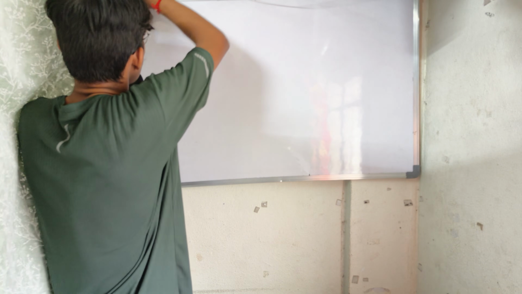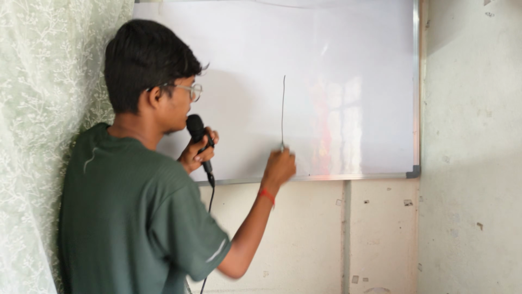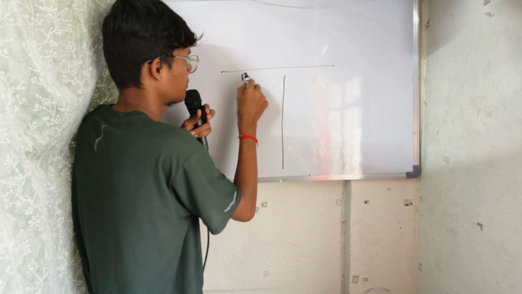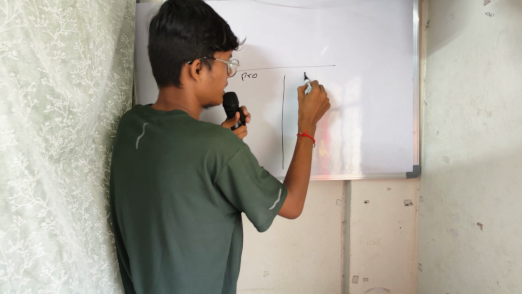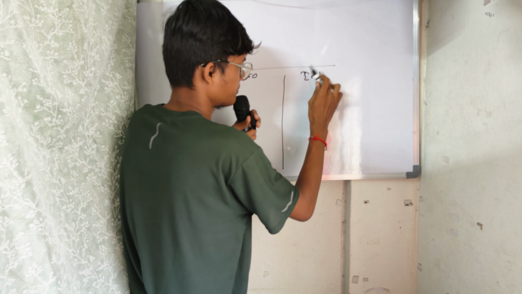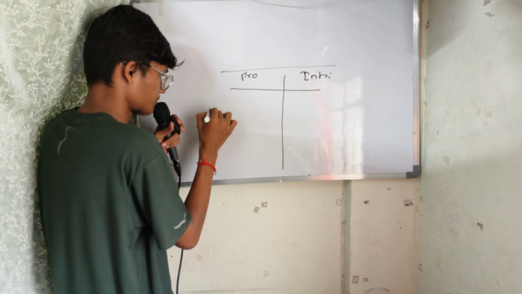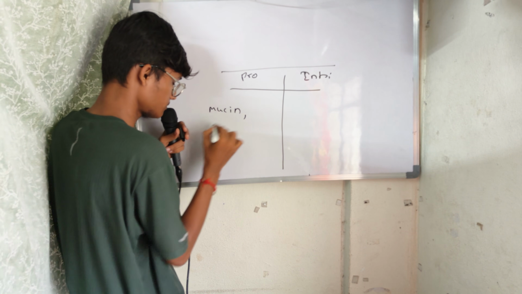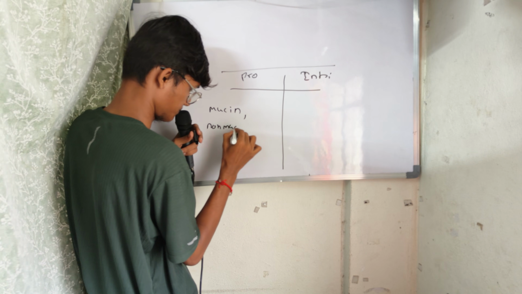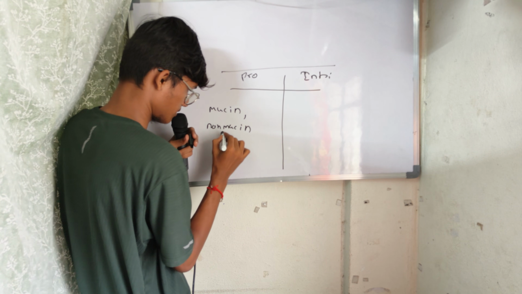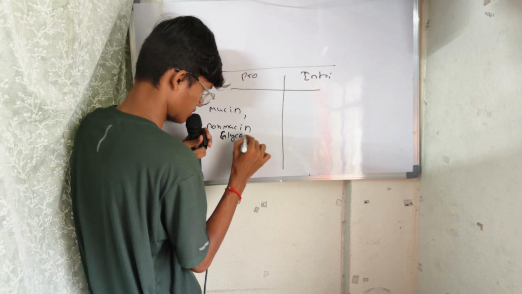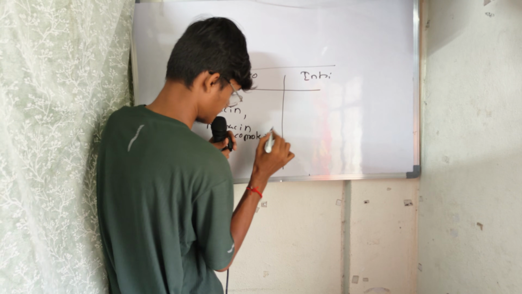See, in the bile there are two things: pro and inhibitory. The pro are mucin, non-mucin, glycoproteins.